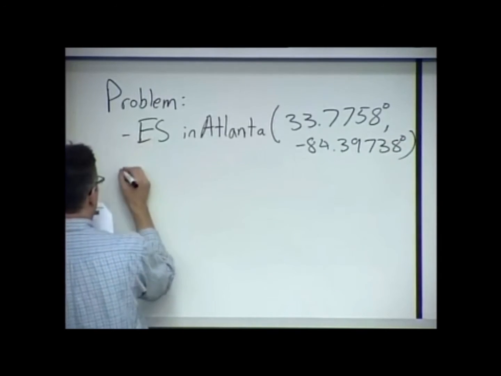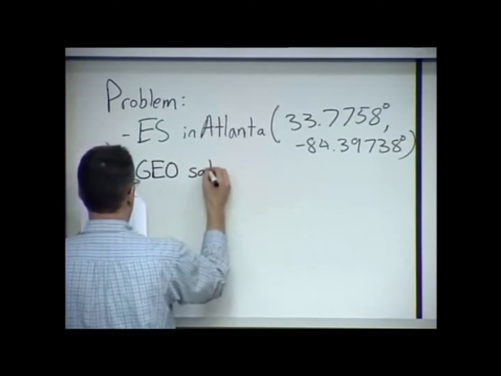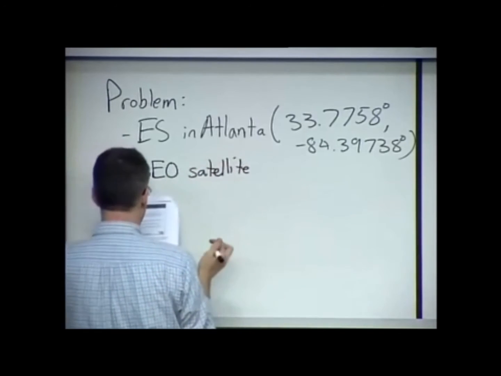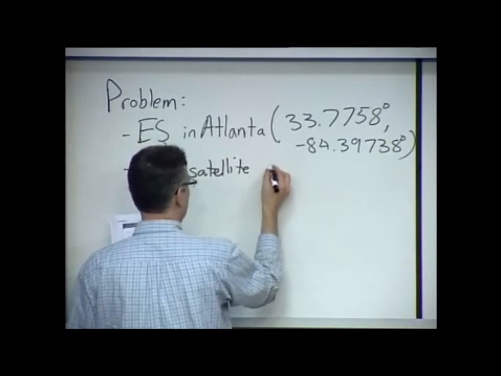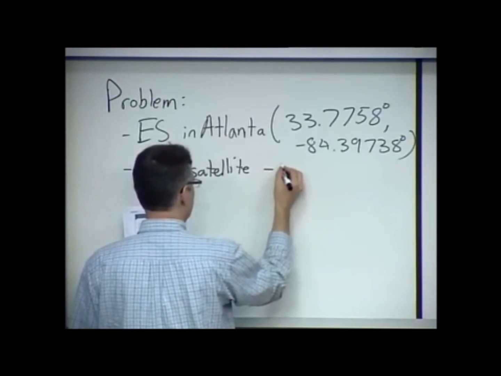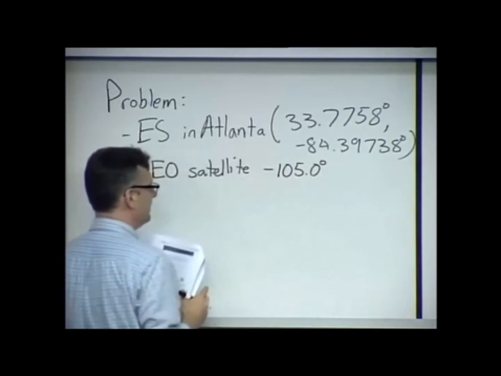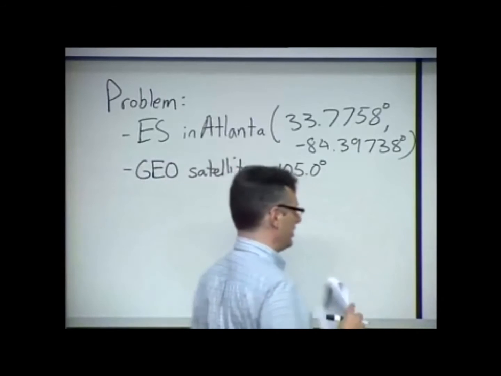We have a geostationary Earth orbit satellite that is hovering synchronous with a sidereal day so that it never changes its satellite subpoint longitude. It's always at negative 105.0 degrees. That's, of course, 105 degrees west of Greenwich, England.